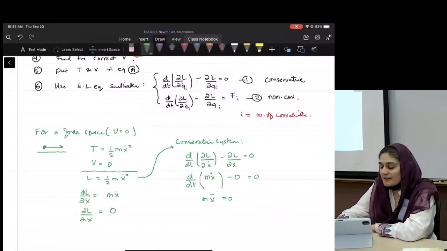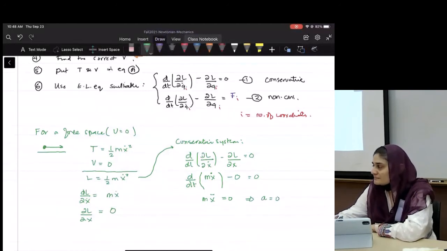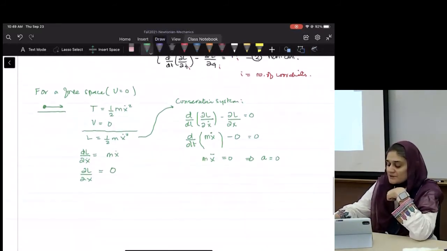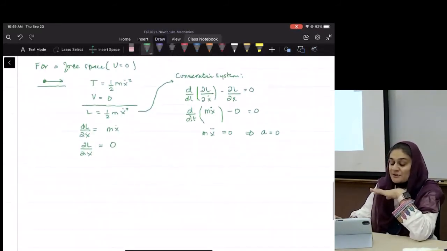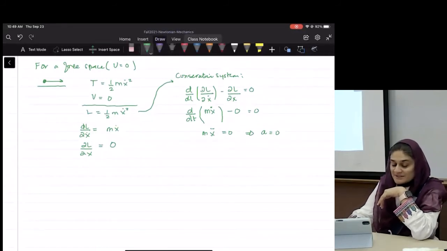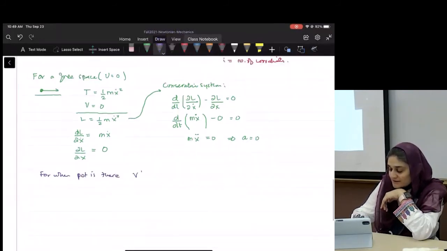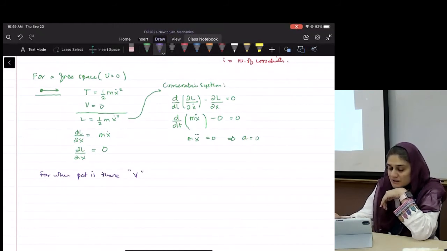Everybody clear on how we got that? That means what? The acceleration in the system is 0. That's my simplest case, right? Okay, next situation. What if there is a potential present? I just don't know what it is. What happens in that case? For when potential is there, say V, how will this situation change?